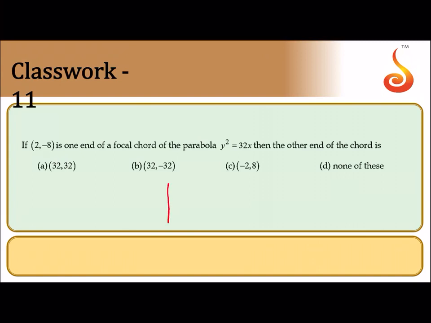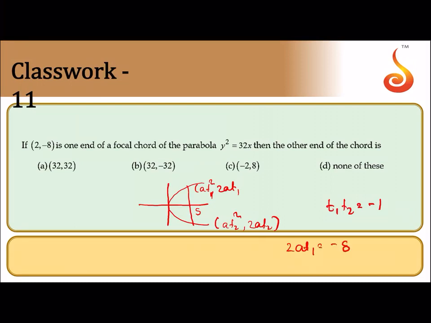Example 11. 2 comma minus 8 is the one end of a focal chord, then the other end. So there is a concept. Please remember this one. If this is the focus S, and this point is AT square comma 2AT, I take this point AT1 square, I will take convenient. This is AT2 square comma 2AT2. So the relation is T1 T2 is equal to minus 1. That's a focal chord.